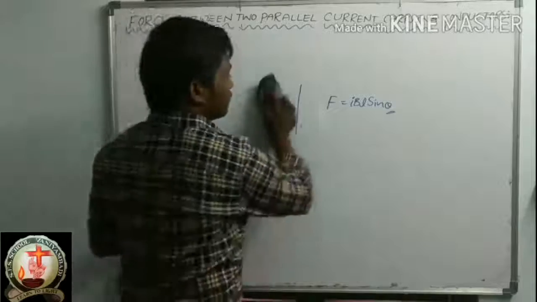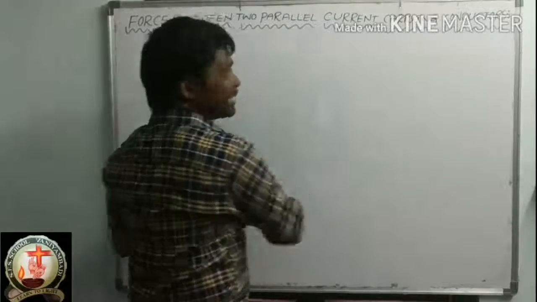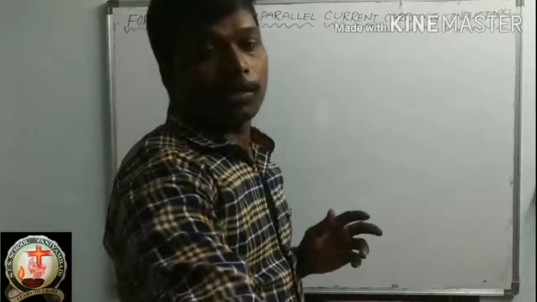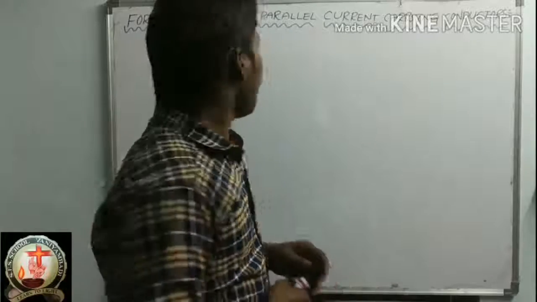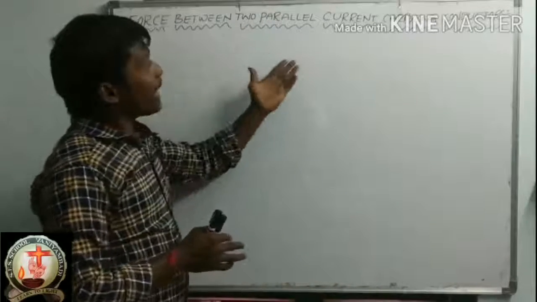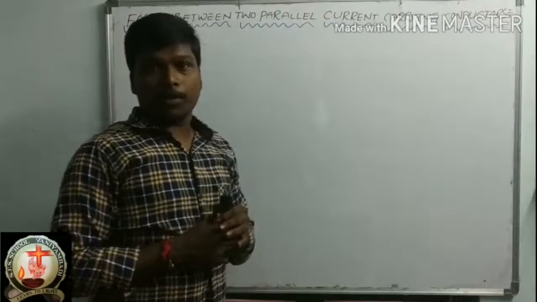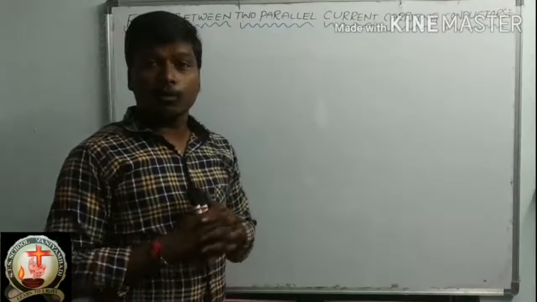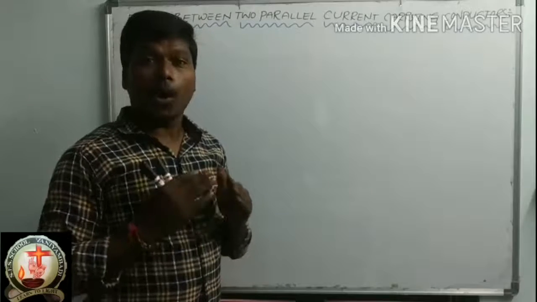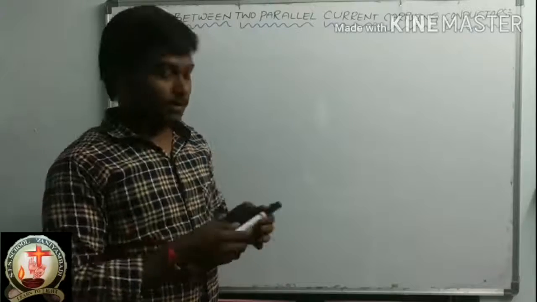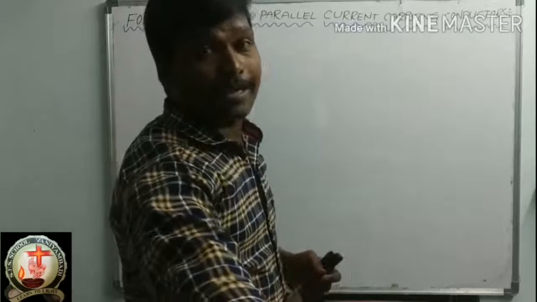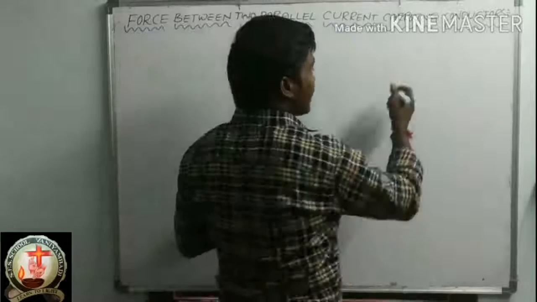Now we should discuss today's topic. What is today's topic? Force between two parallel current carrying conductors. Let us start this concept. Let us consider two straight long current carrying conductors.